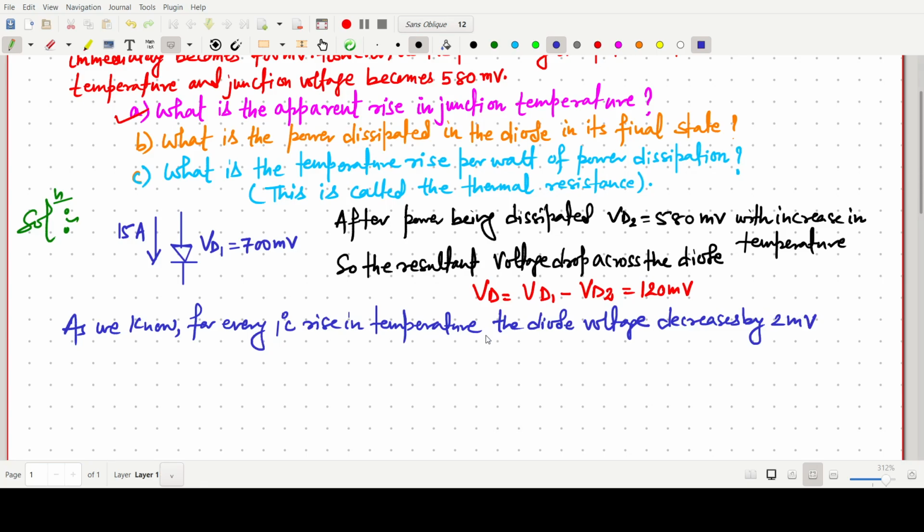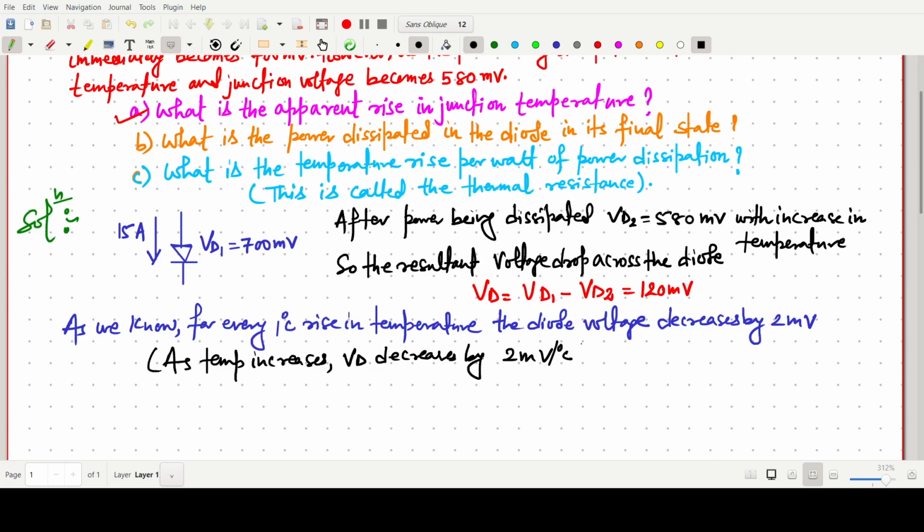One can also write it like this: as temperature increases, Vd decreases by 2 millivolt per degree centigrade.